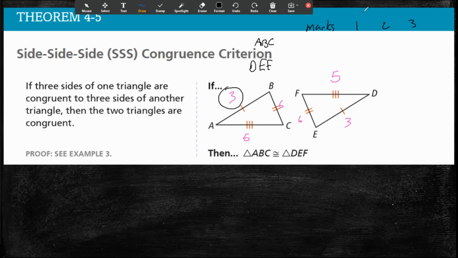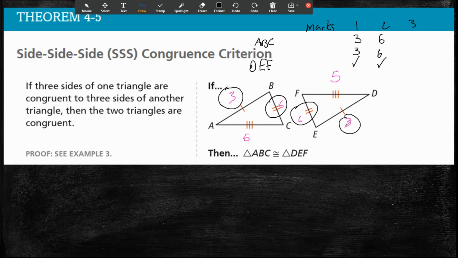It's 3. So I'm going to put 3. On DEF, when I have one mark, what do I have? I have 3. So far, these are corresponding parts that are congruent. Then I'm going to look at the number of marks being 2, and I get 6 on both of them. So these are looking good for the corresponding congruent parts.